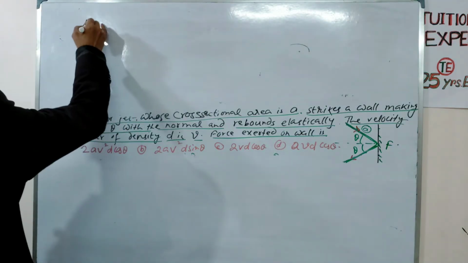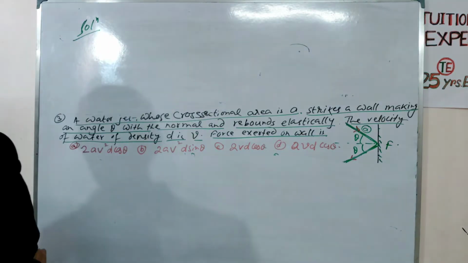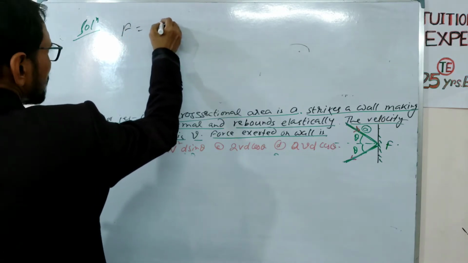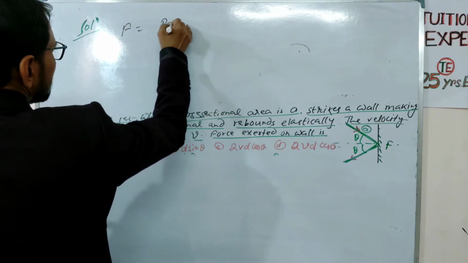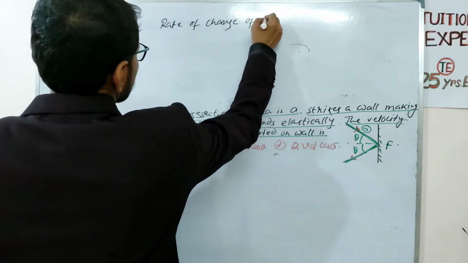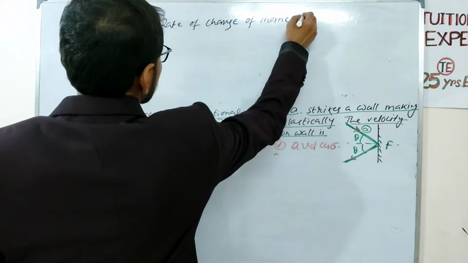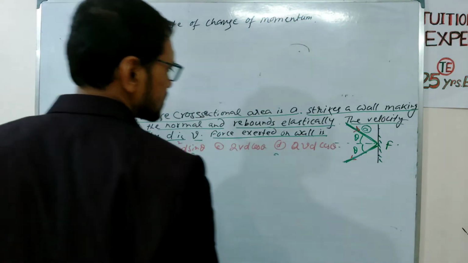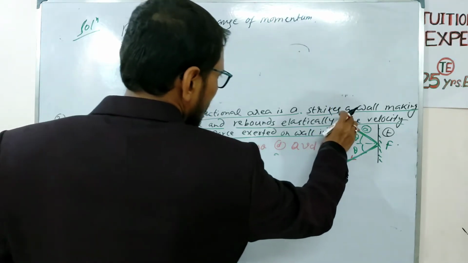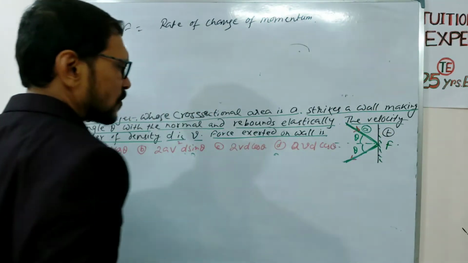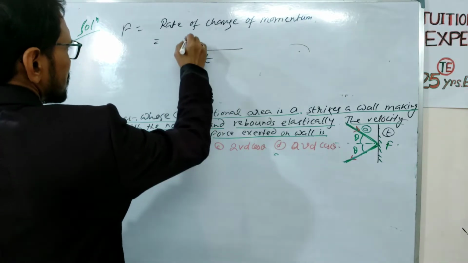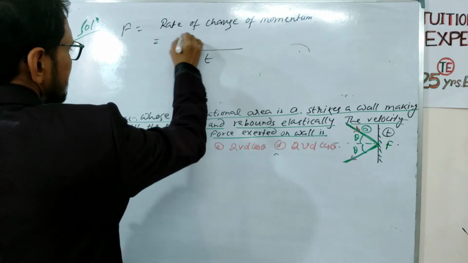Now the solution becomes this way. We know force exerted equals rate of change of momentum. Here we have to consider some mass. If we consider t seconds, what mass strikes the wall in t seconds? So in time t the mass is m.